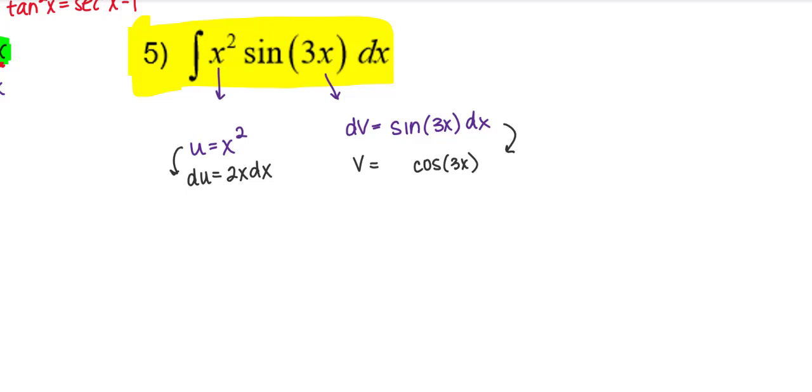So now you need to think, does it need to be negative? Well, I think of it in a derivative fashion. So since the derivative of v should get me dv, and derivative of cosine is negative sine, I do need a negative here. And then if I were doing the derivative of sine 3x, I would need to multiply by 3. And I'm doing the antiderivative, so I'm going to divide by 3.